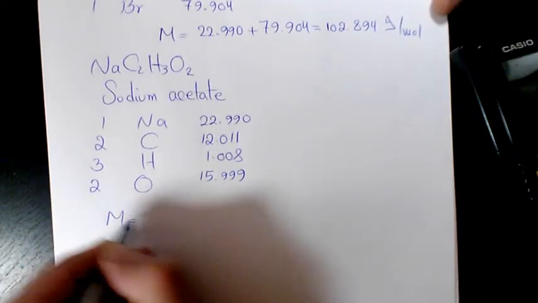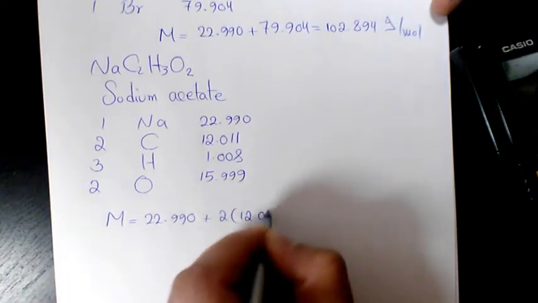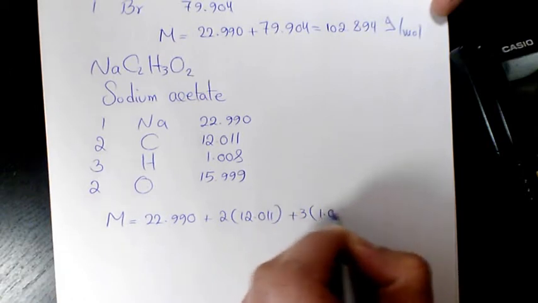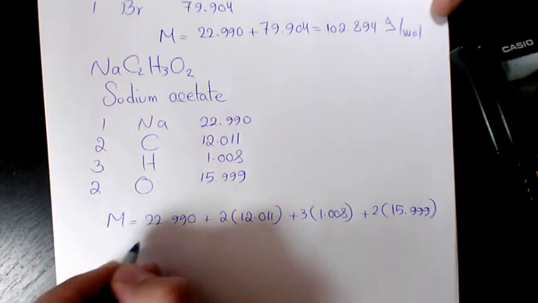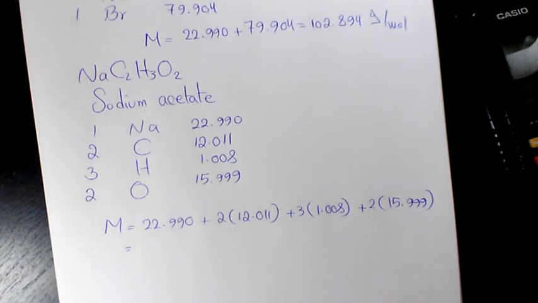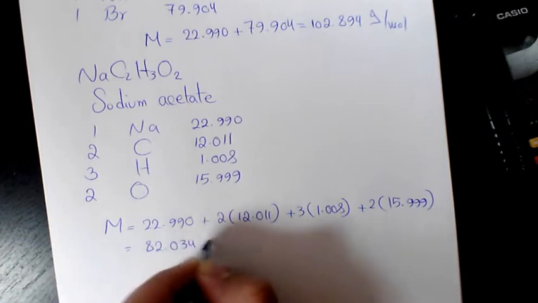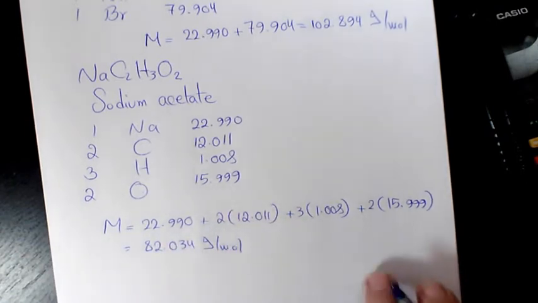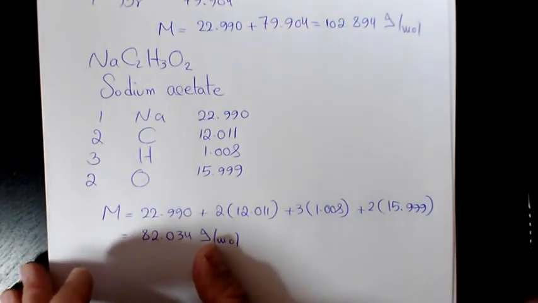So that's going to be 22.990 plus 2 times 12.011 plus 3 times 1.008 plus 2 times 15.999. That's going to give me 82.034 grams per mole. So that's the molar mass of sodium acetate.